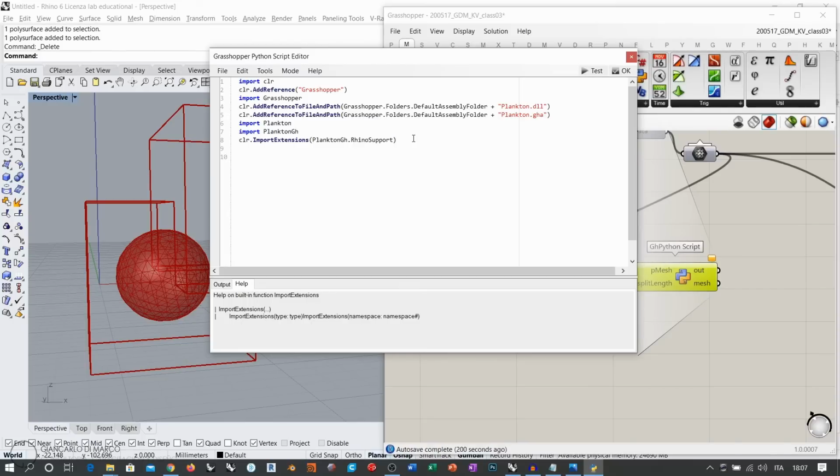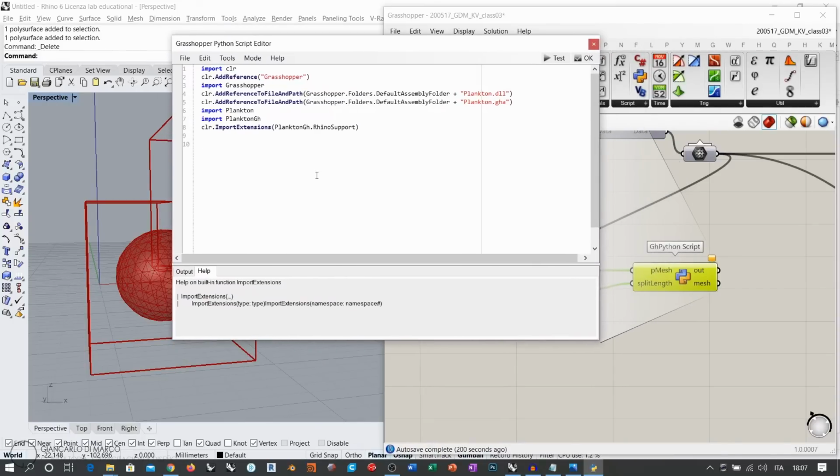And that's it. So this is for preparing the environment of this script in order for us now to make Python aware that we are going to work with Plankton libraries, and in order for Python to understand which functions in the Plankton library to use in order to work with the half-edge representation and perform the necessary operation over the edge, which is going to be something like splitting the triangle edge.